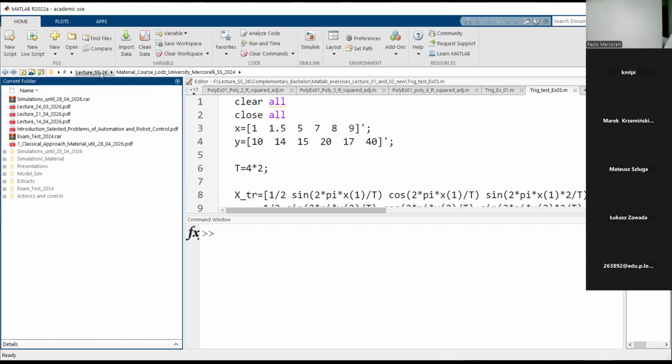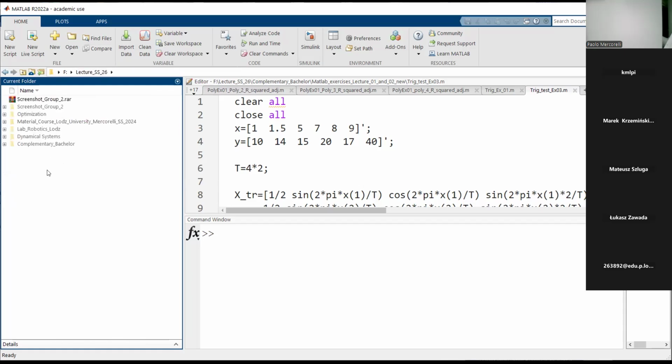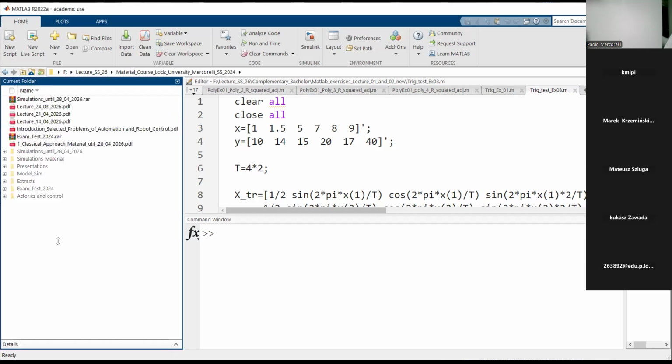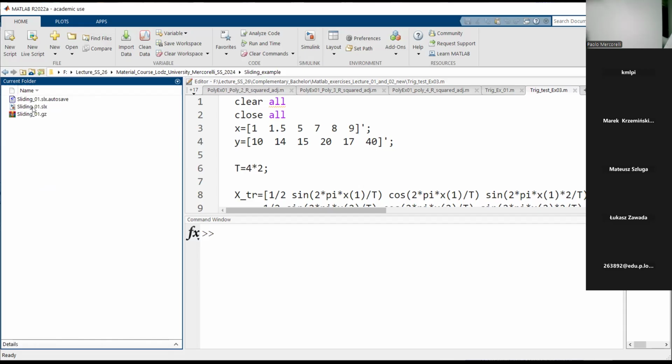As another 1 second. I copy. I put there. So okay, 1 second again. Okay, slided example is exactly what I upload in our electronic campus.